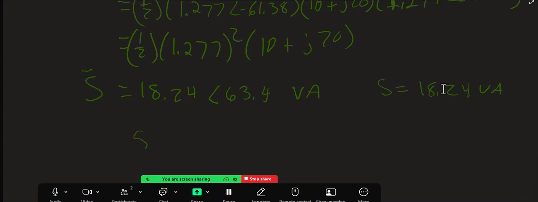So this is the formula that I couldn't remember. It's I squared Z, but it's the magnitude of I. Okay, any questions on that?